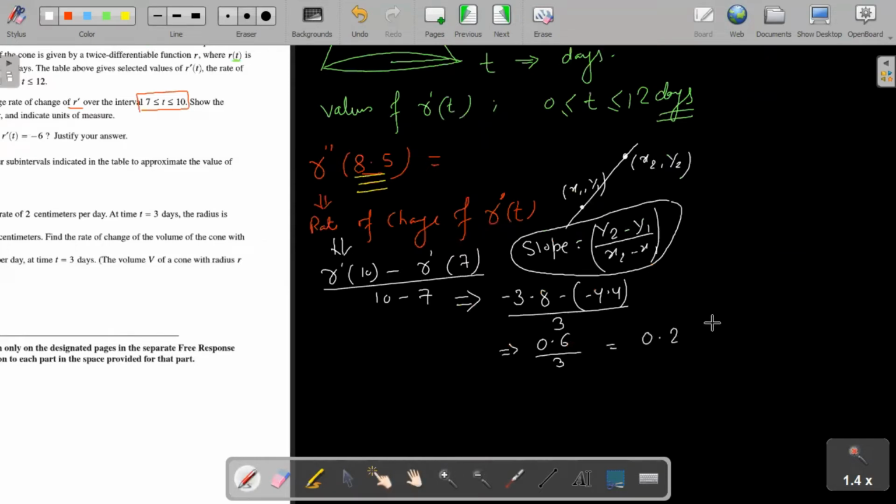And how can we find the unit? R dash unit is centimeter per day, and this is divided by days, so the overall unit will be centimeter per day squared. So the answer is 0.2 centimeter per day squared. So this was our first part.